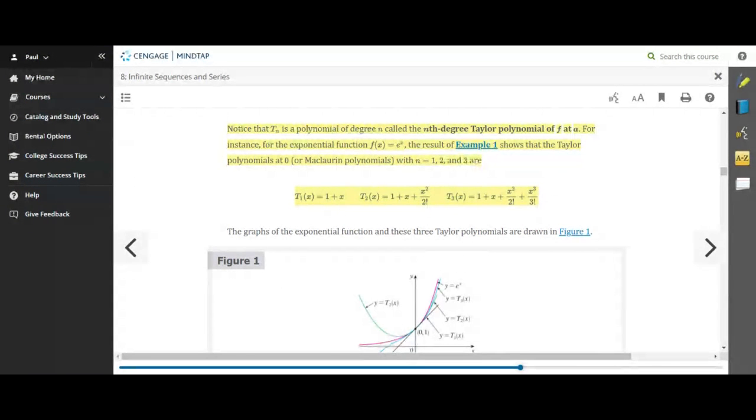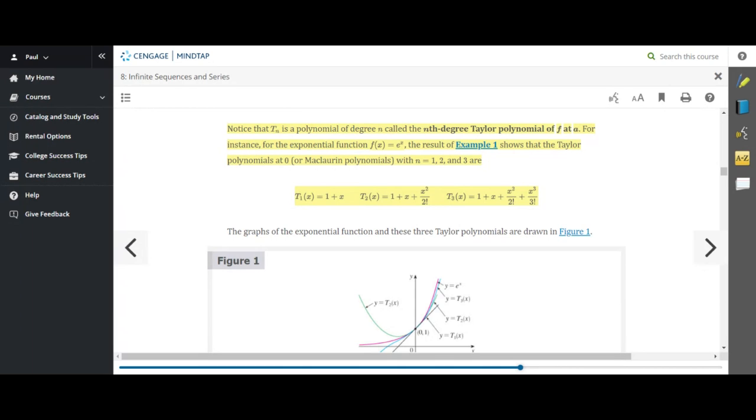They mention that if you have this function e to the x power, and you know its Maclaurin series, you can write out what are called Taylor polynomials based on terms of the Maclaurin series. So T sub 1 is 1 plus x.